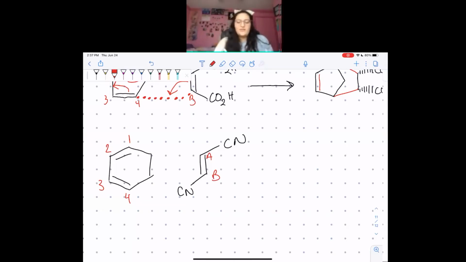So now instead of a 5-membered ring, this is a 6-membered ring, but the two pointies are still going to face the dienophile. We know that A connects to 1. We know that B connects to 4, not 2.